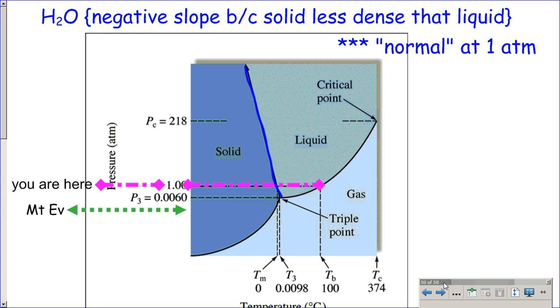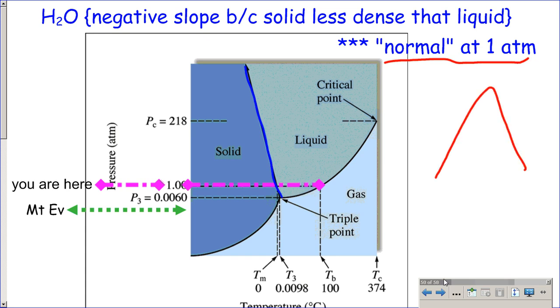So if you're trying to read a phase diagram, I tried to give you an example as to where we were. We're at 1 atmosphere pressure, which is what we call normal pressure, normal conditions, where we normally exist. Mount Everest is up real high.